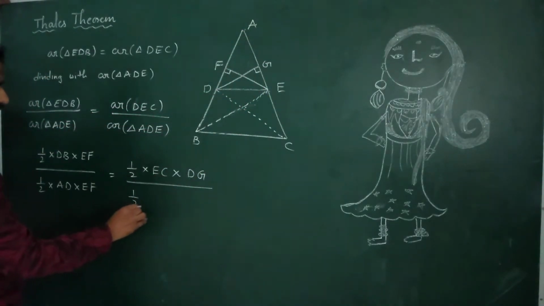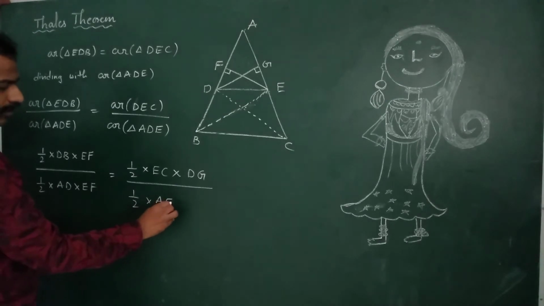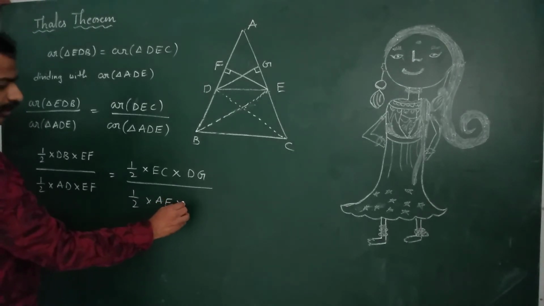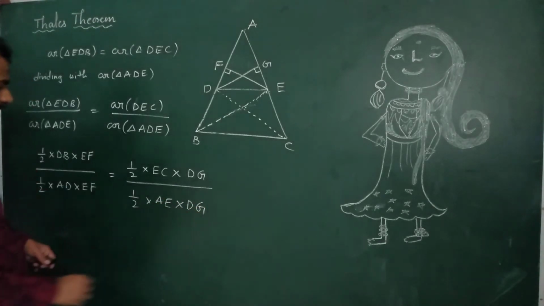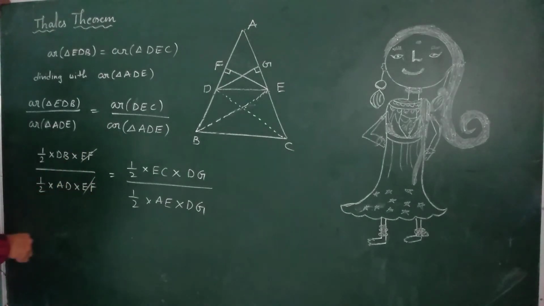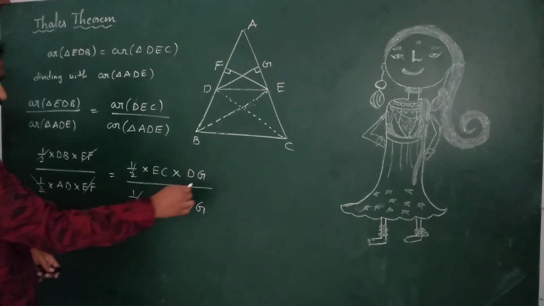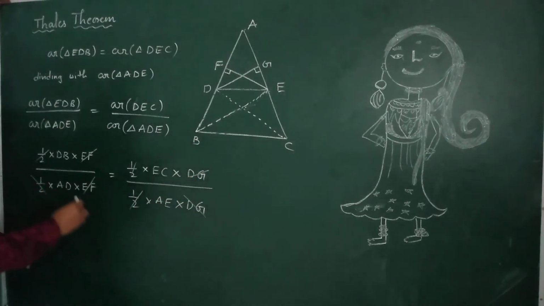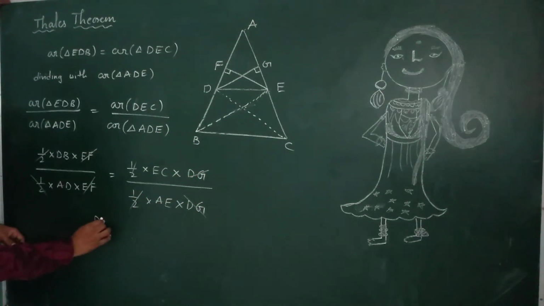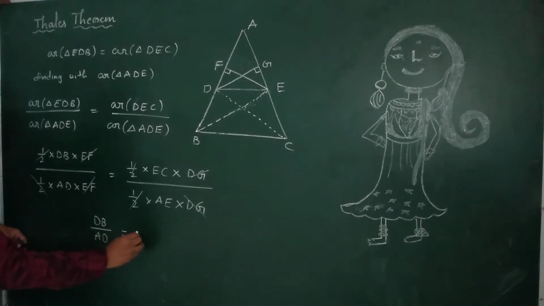So half AE into DG. Now if you cancel the like terms, EF gets cancelled, half also gets cancelled. Here also half gets cancelled, DG also gets cancelled. So DB by AD equals EC by AE.